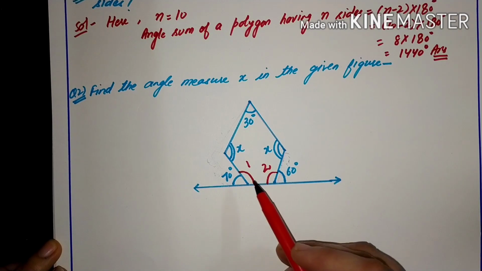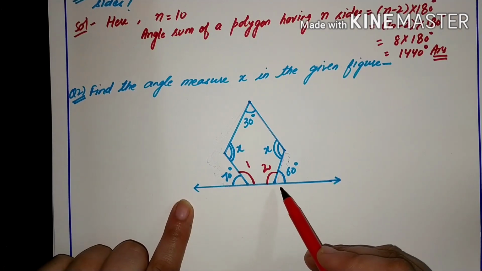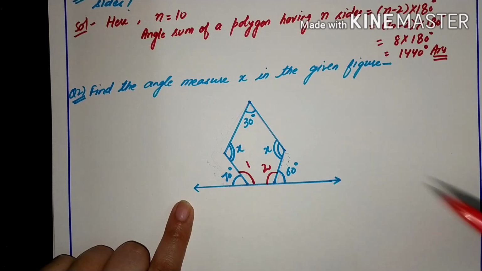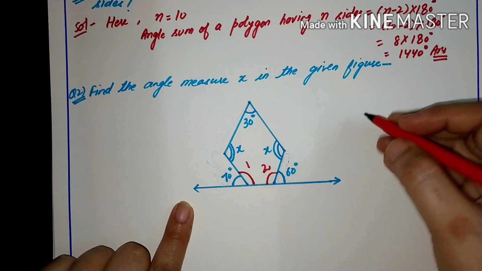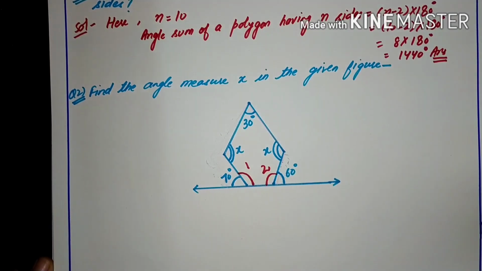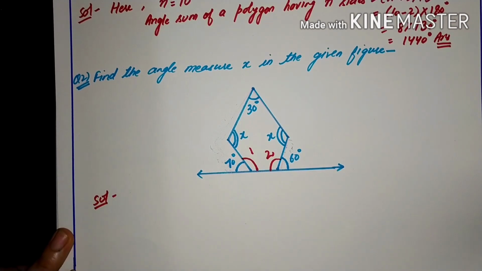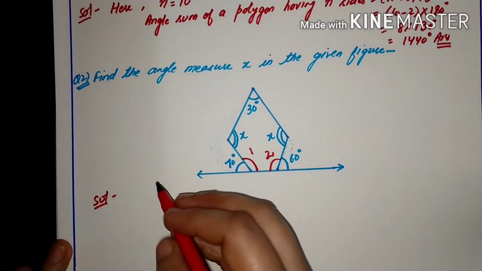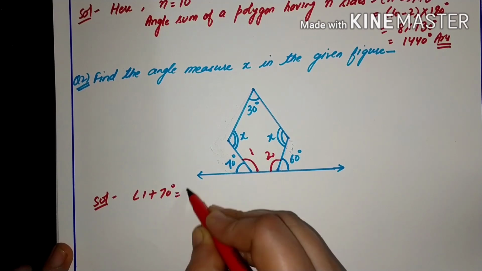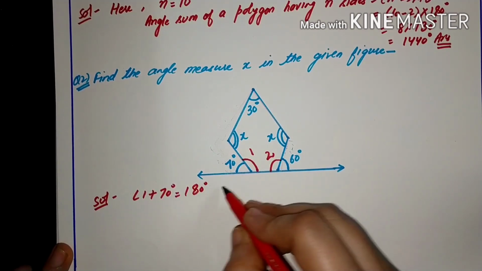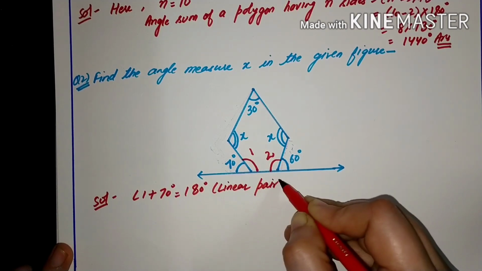As you know, angle 1 and 70 degrees are forming a linear pair. That means their sum is equal to 180 degrees. So let us start. Angle 1 plus 70 degrees should be equal to 180 degrees, as they are forming a linear pair.